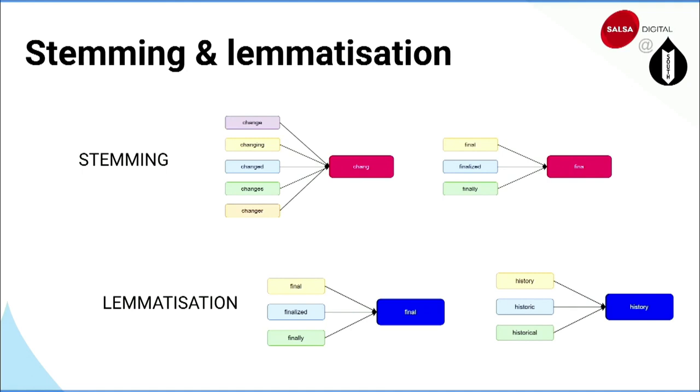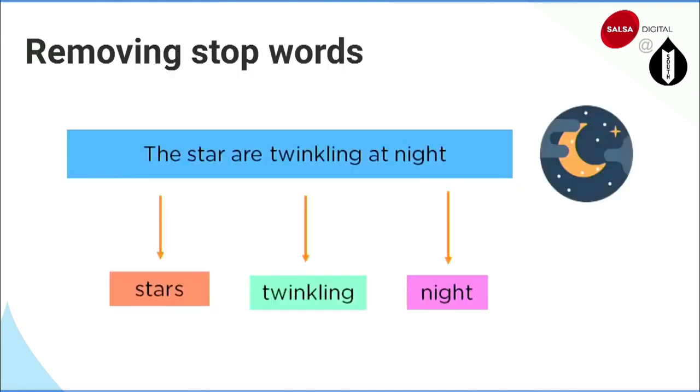That's why we have lemmatization. Lemmatization does the same thing, it chops off the ending, but it also checks the dictionary whether this word is available or not. You can see on the screen, change becomes chang with stemming, but with lemmatization you get the final proper word. So this is how stemming and lemmatization work.